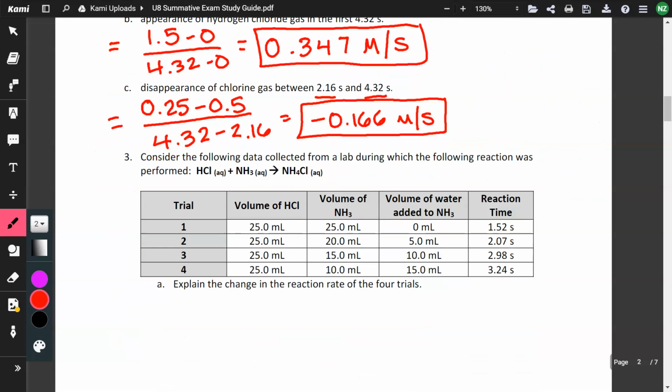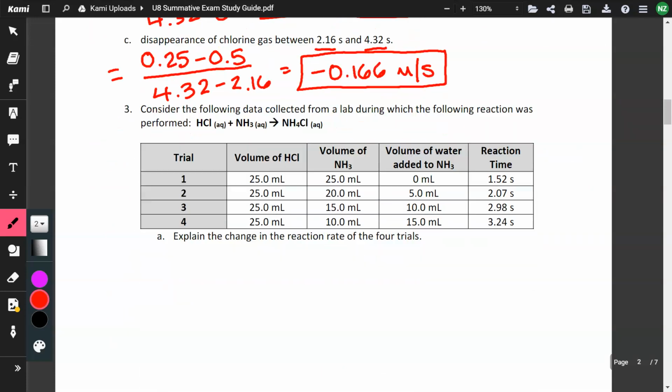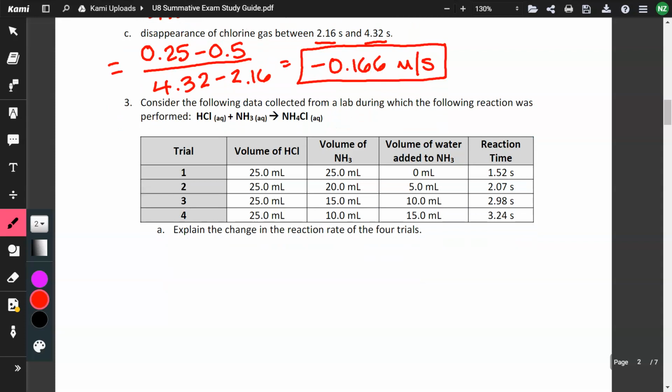Okay, consider the following data collected from a lab during which the following reaction was performed. Explain the change in reaction of the 4 trials. All right. So looking at the data, the fastest reaction was this one right here. The slowest reaction was number 4.